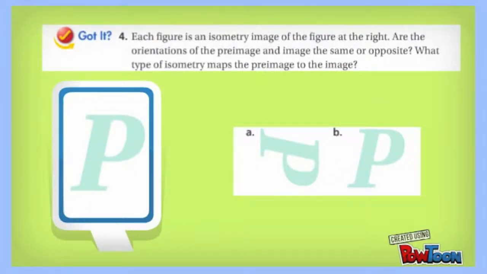Let's say that the image at the left is the pre-image, and the two images A and B at the right are the images of the pre-image. What we're trying to solve is what type of isometry maps the pre-image to the image.